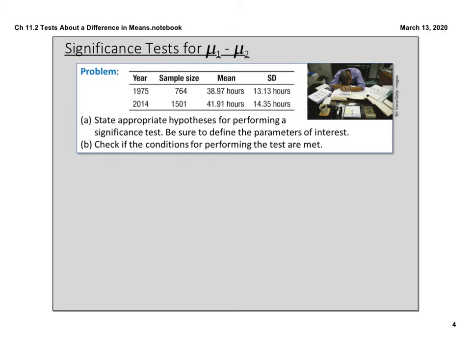Let's talk about B. Check the conditions. So for B, my conditions are random. We have two different random samples that were selected, and they are independent of each other.